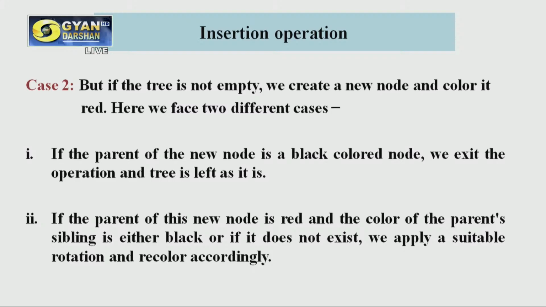If the parent of the new node is red and the color of the parent's sibling, meaning the parent's sibling, is either black or does not exist, then we apply a suitable rotation and recolor accordingly. There we apply the RR or LL rotations and recoloring is also done so that it becomes a red black tree.